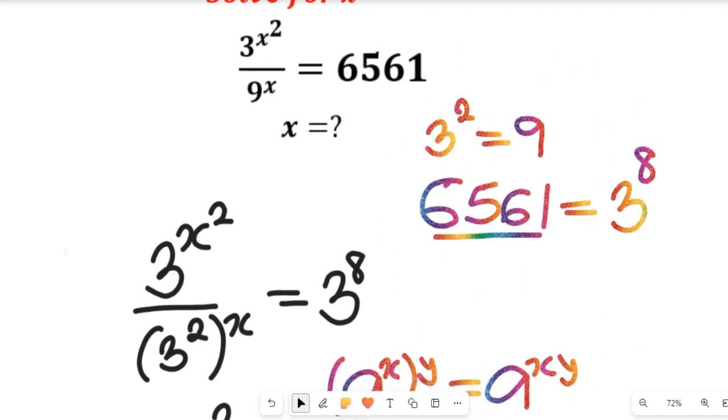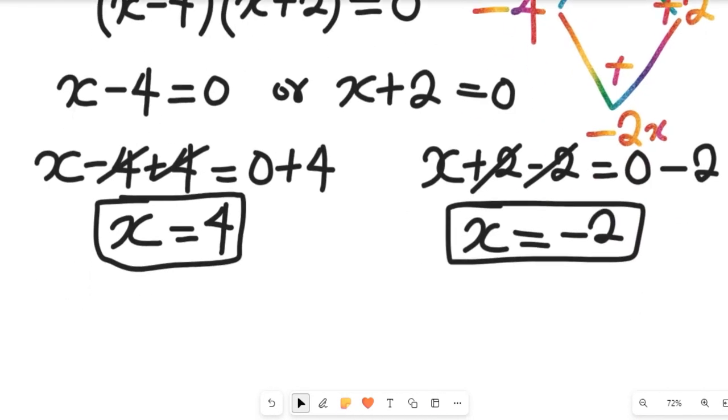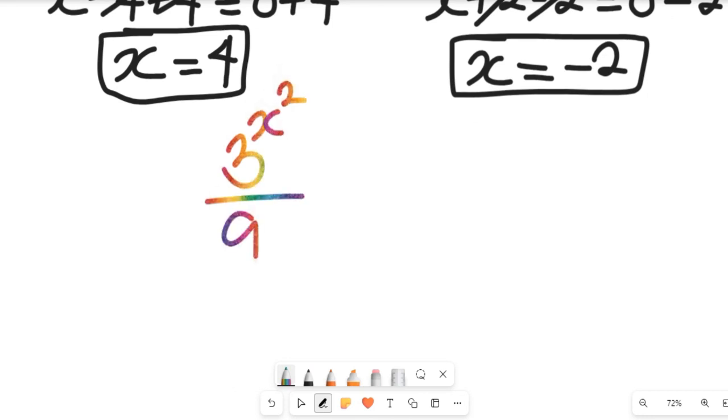Now, we'll have to check to see if the solution is absolutely right. Recall the initial question that was given to us. We are given that 3 to the power of x squared, divided by 9 to the power of x, is equal to 6561.